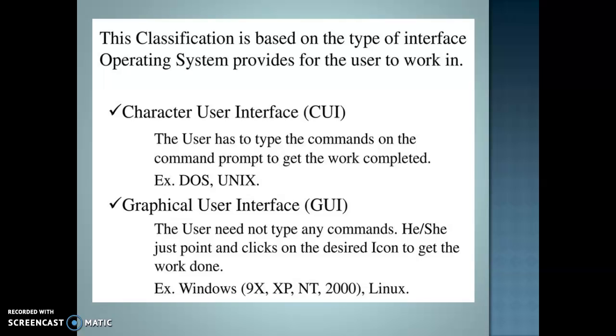For example, DOS and Unix. In graphical user interface, which is also known as GUI, the user need not type any command. He or she just simply points or clicks on the desired icon to get the work done. For example, Windows 9X, XP, NT 2000, Linux, etc.